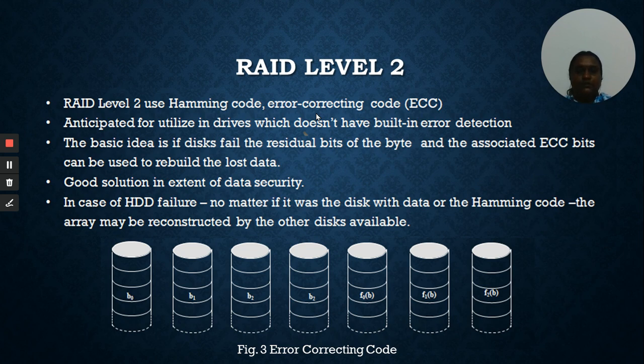If one of the disks fails from its actual disk location, using this error correcting code we are going to rebuild the lost data. The reason for this redundancy is mainly data security, and you're going to reconstruct the data.